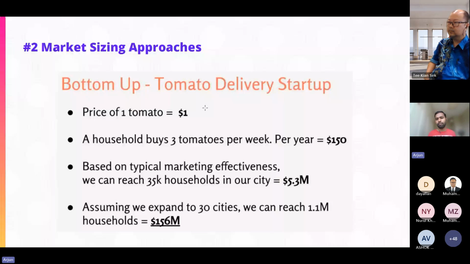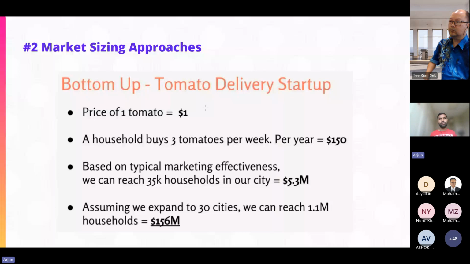It's not a definite number. Few houses will buy 10 tomatoes a week. Few houses will buy 1 kilogram of tomatoes a week. But on an average, based on the research you have done, every household buys 3 tomatoes a week. Which means per year, you can sell $150 worth of tomatoes to every house.